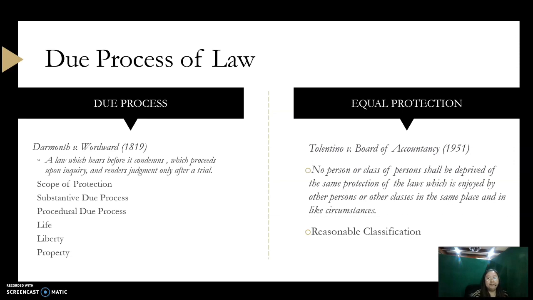Now, when we speak about Section 1, the scope of protection covers everyone, whether citizen or alien, whether natural person or juridical person. And this has two components. We're speaking about due process.